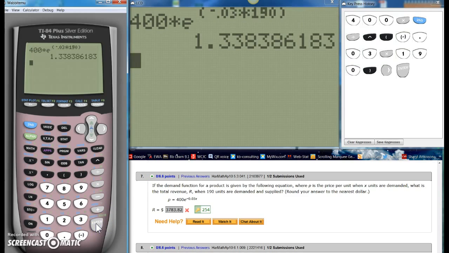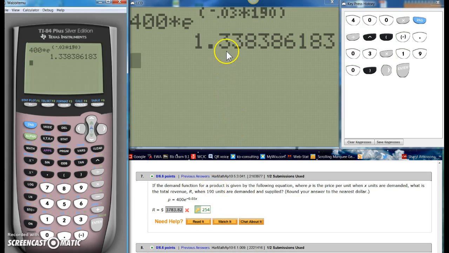This is the value for 1 unit as computed by the demand function. For 1 unit it is $1.34-ish.